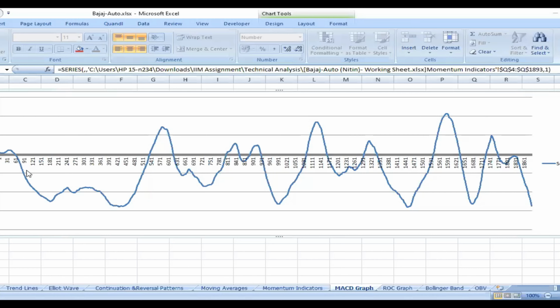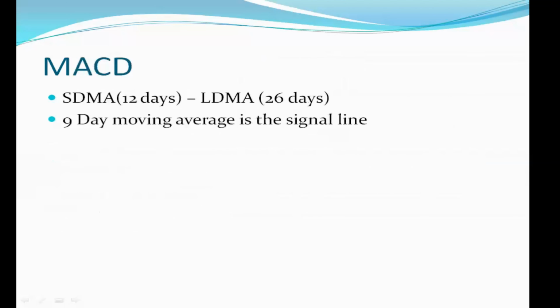If you plot MACD, you would see that there is a negative trend, and then there is a positive trend. So you would use it as a signal. We can cover it in some detail, but just to make you understand, I just explained what MACD is.